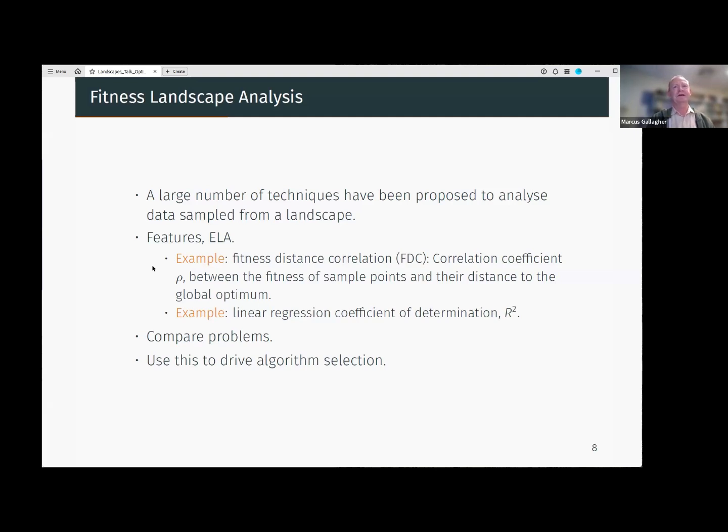And then, given feature calculations for problem instances, we might then do things like compare problems by looking at the differences between their feature values. And then maybe we can use this data to also drive algorithm selection.